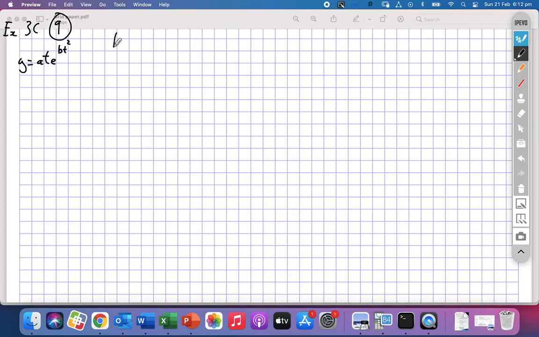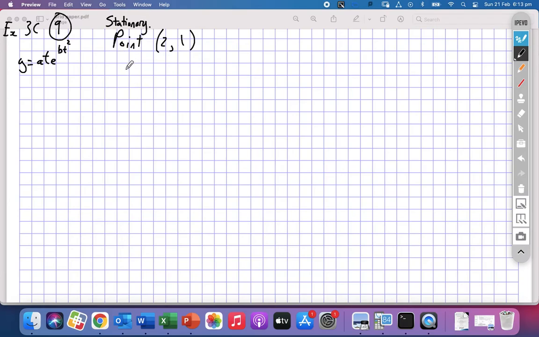Right, so it has a point that equals 1 when t equals 2. It's also a maximum, so it's a stationary point. Right over here, stationary point. Stationary.